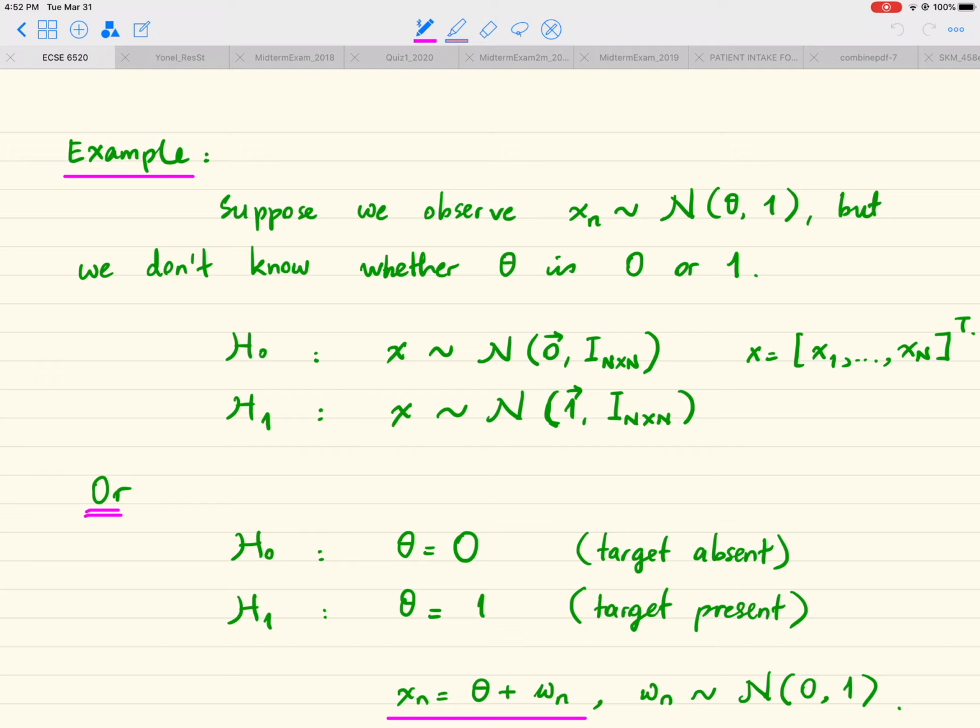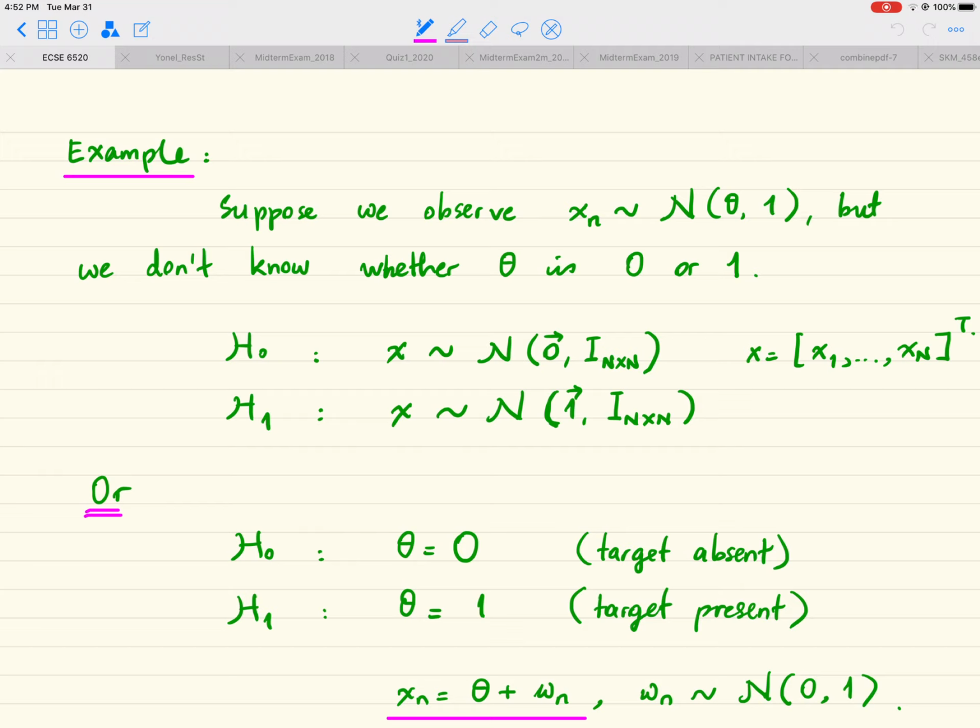So to look at an example, suppose we observe x sub n, and x sub n comes from a Gaussian distribution with mean theta and variance 1. We don't know whether theta is 0 or 1.